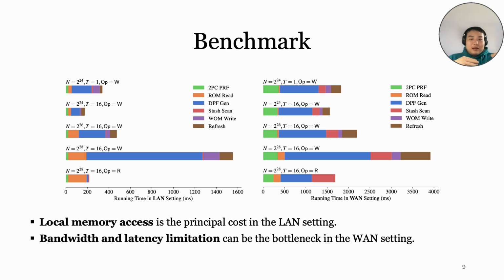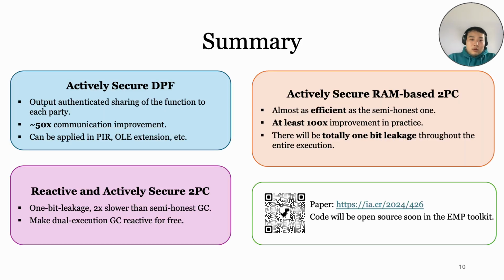We divide access into 6 stages, and from the figure, we can conclude that the main cost in the LAN setting is local memory access when the memory size is large, like more than 2 to the power of 26. At the same time, the bandwidth and latency limitation is the bottleneck of our protocol in the WAN setting.